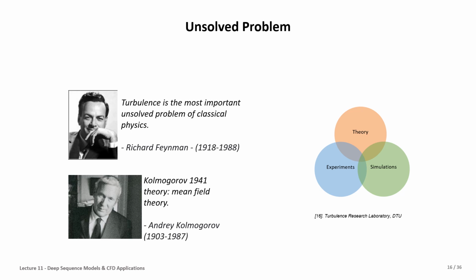To apply deep learning, we need to create a framework or use an available framework. One of the great frameworks which matches with the LSTM, the sequential models, is the Lagrangian framework. In the Lagrangian framework, to give a simple description, we are following a particle in the flow.